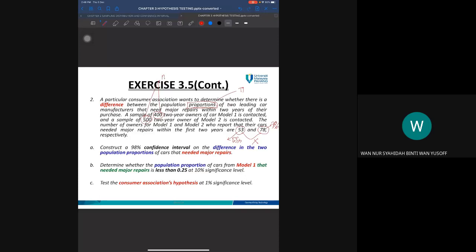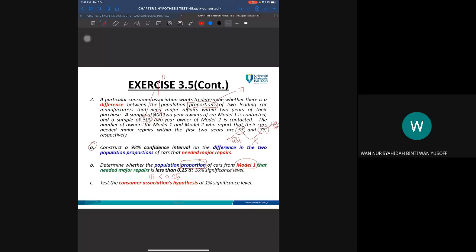Okay. So question A is a confidence interval. You can do it on your own. For B, determine whether the population proportion of the cars from model 1 that need major repair is less than 0.25. So it is only for model 1, then it is a single proportion. So you have pi 1 less than 0.25.